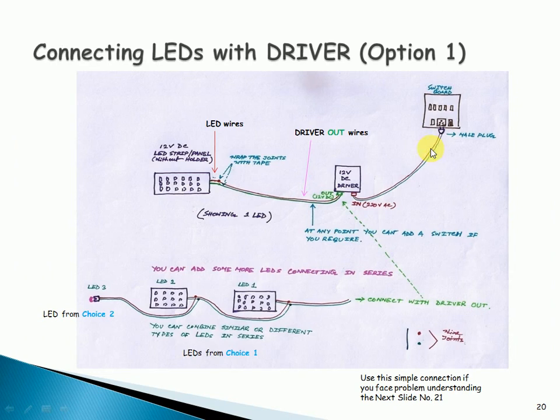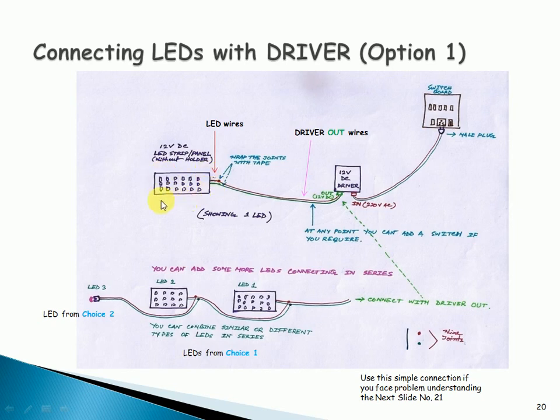I have inserted the plug here. The 220 volt current comes in through here, gets converted into 12 volt DC current inside, comes out by this out, goes through the LED, and the LED is turned on.